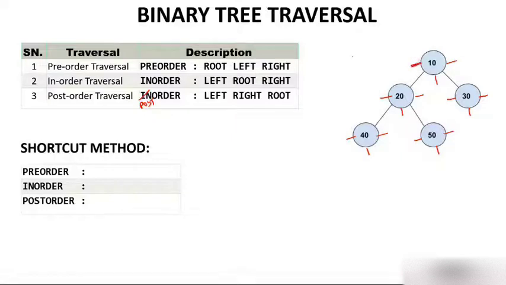The left line of any node is called pre-order, the middle line of any node is called in order, and the right line of any node is called post order. So you start from the root's left and try to connect every node.